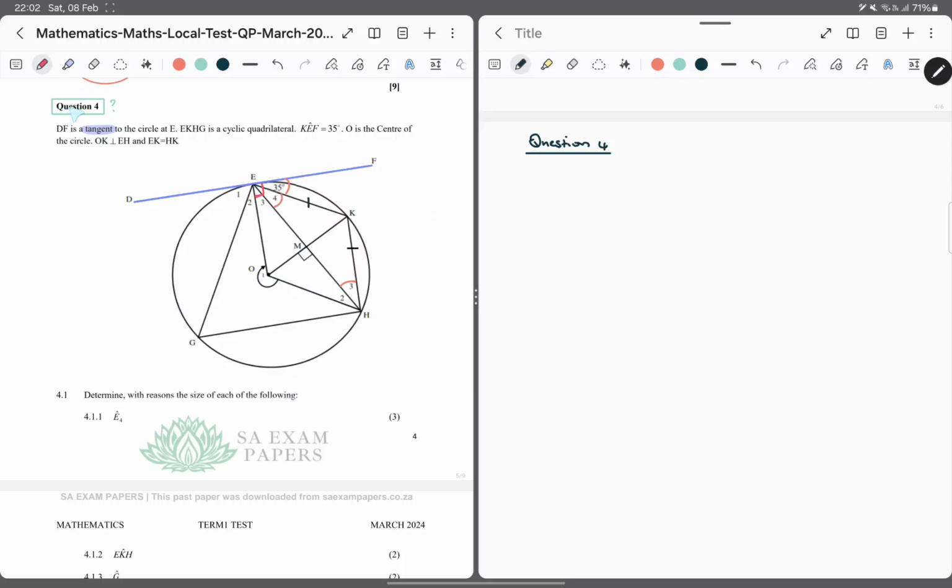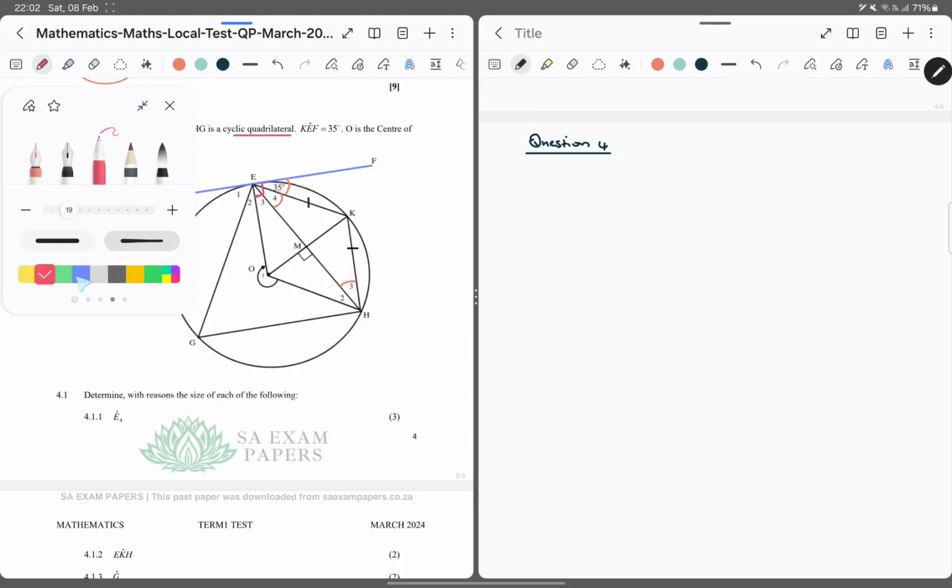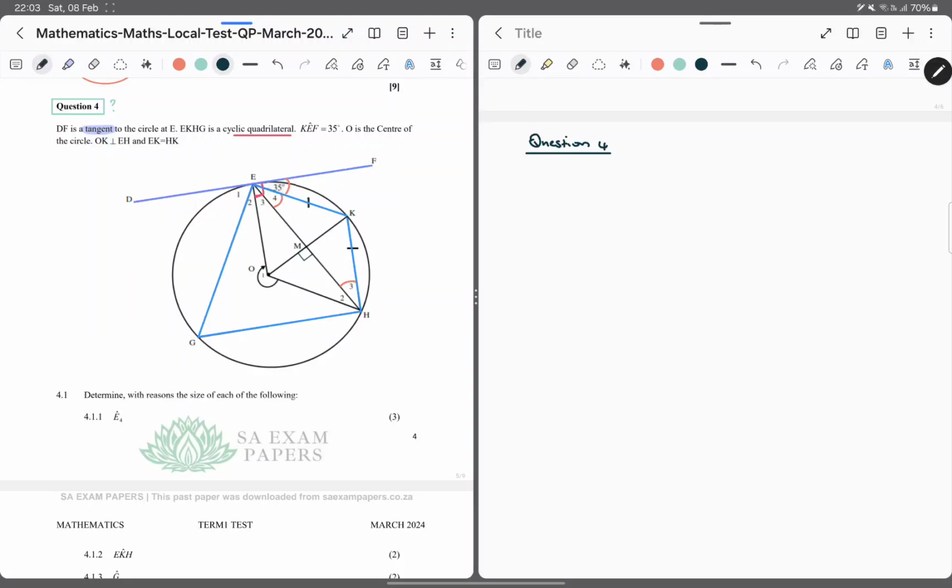What do we have? We are told that EKHG is a cyclic quad. So let's see, where is our cyclic quadrilateral? Let's find a color for it. Okay, so we can see the blue outlined quadrilateral is the cyclic quad.